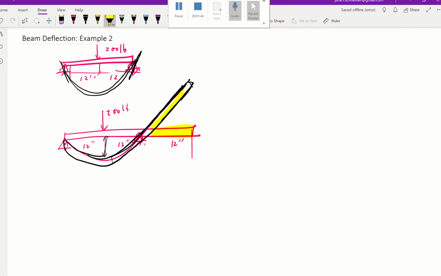Now it's just gonna shoot straight up, it's a straight line, and this is also 12-inch. Okay, so this length is 12-inch. However, this problem is asking us how much is this going to be? What's the deflection right here?